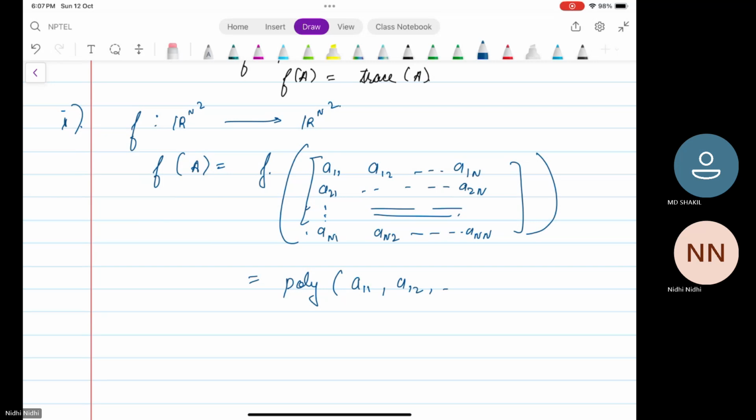So this will be a polynomial with n square variables, of degree n square.